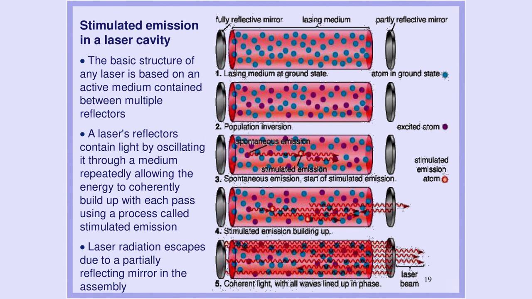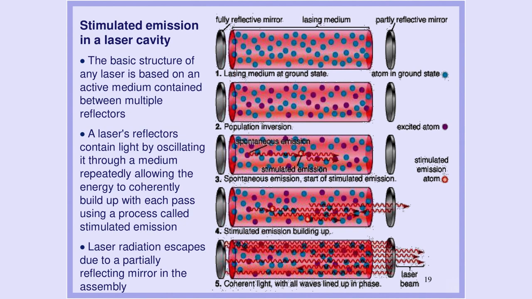This is done by feeding energy into the neon atoms by collisions with the helium atoms, and is often called pumping. Photons are emitted by random neon atoms, as shown in the third diagram in the slide.